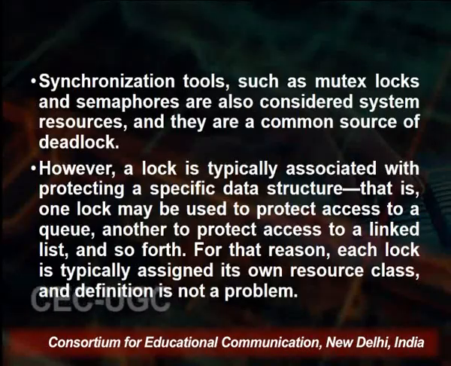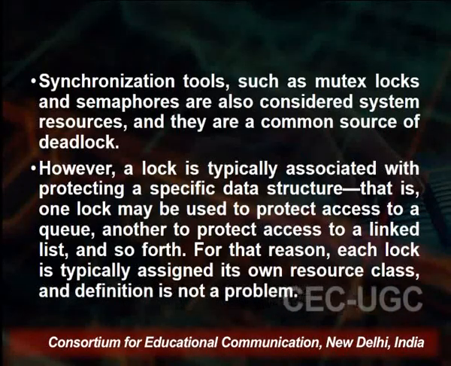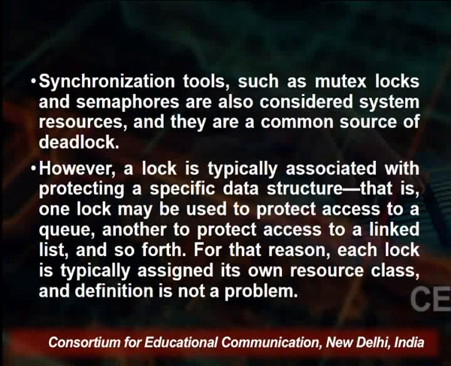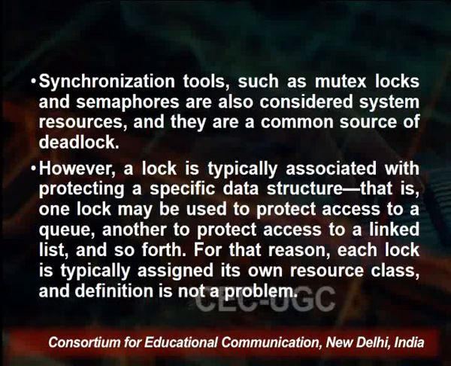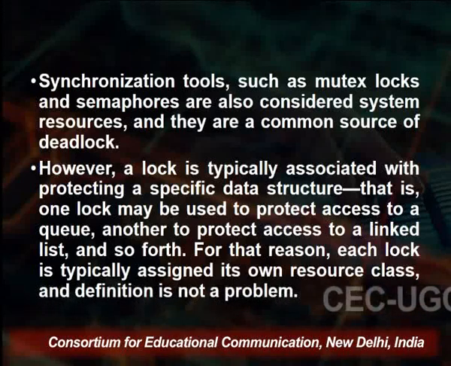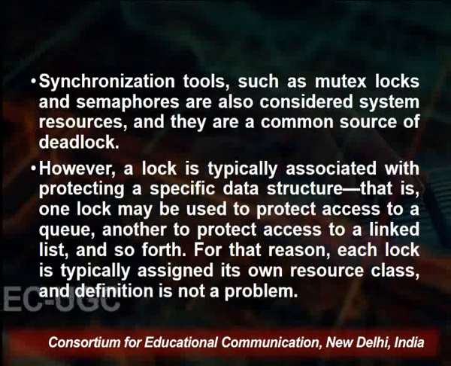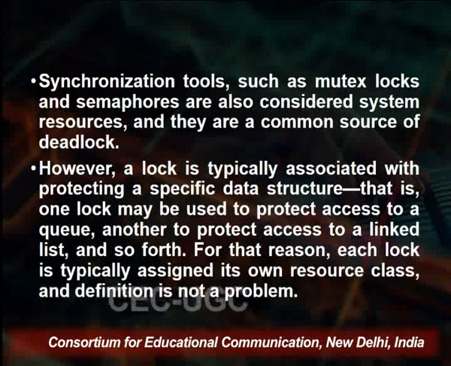However, a lock is typically associated with protecting a data structure. So, a lock is used to access a queue, and there will be another lock used to access a linked list.